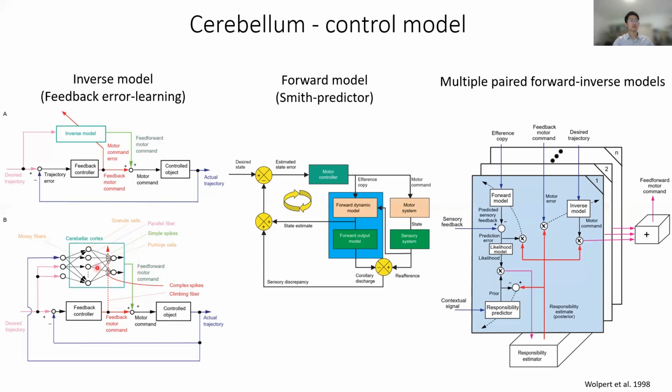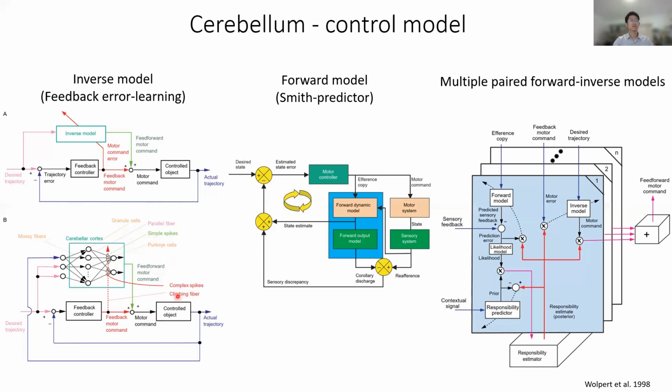Also, from this way, the climbing fiber, they assume that the climbing fiber represents the error of the feedback command, and they can update this inside the cerebellar cortex. So basically, this is an anatomical map to this control scheme, but the exact implementation at the neural level is still not solved.